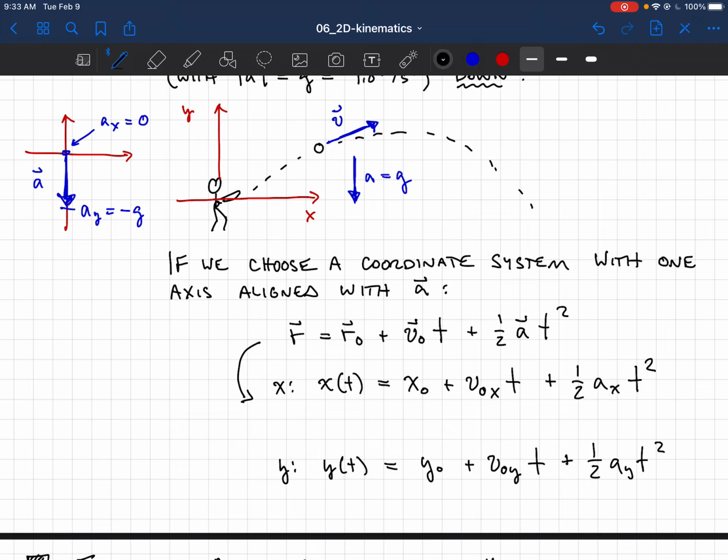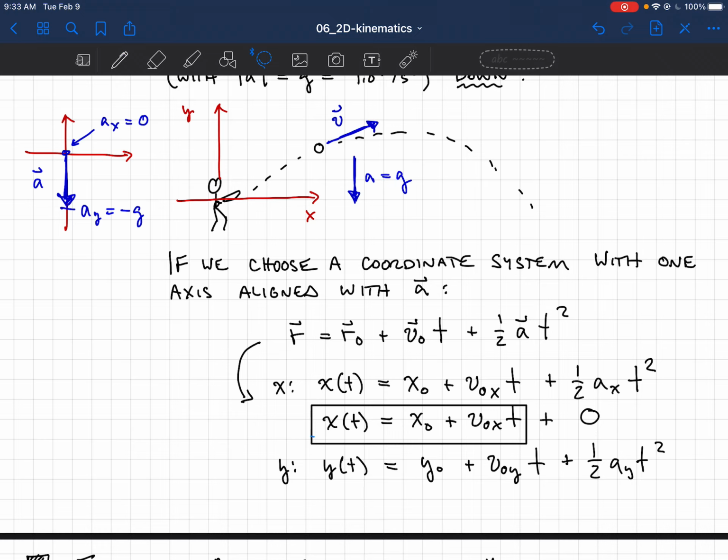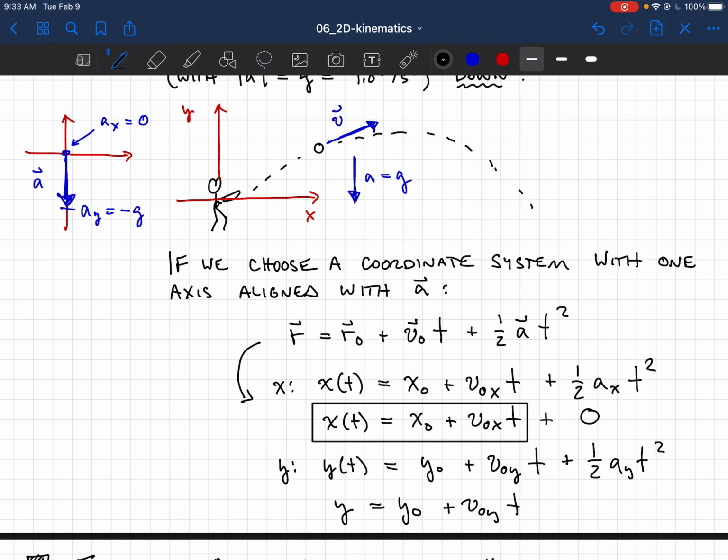So I could plug in here that I get x of t is equal to x naught plus v naught x t plus 0. It leaves me with the constant velocity equation in the horizontal. And then I could plug in down here, y is equal to y naught plus v naught y t plus 1/2 a y, and a y, well, we found it to be minus g, t squared.